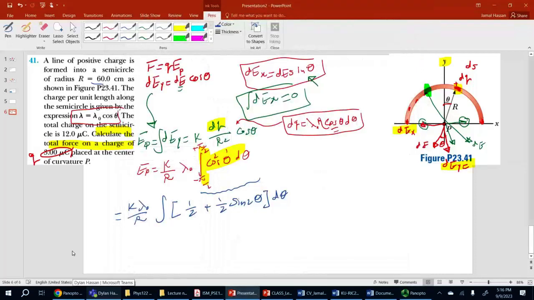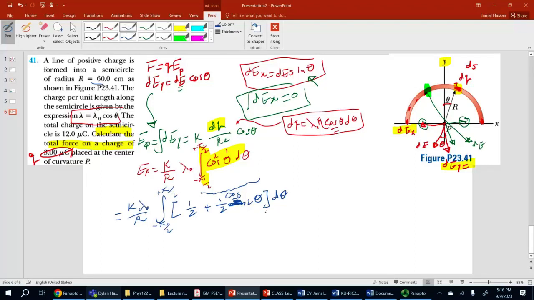Actually, I made a mistake. This is cosine 2 theta, not sine. The integration is from minus pi over 2 to plus pi over 2. This is not difficult.